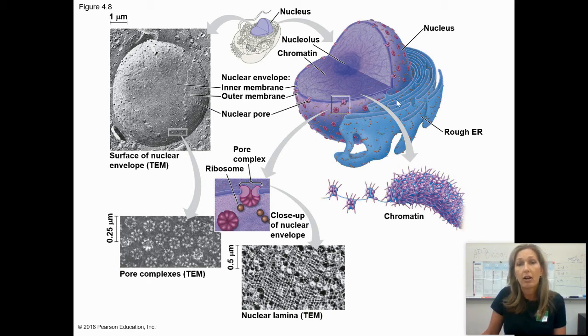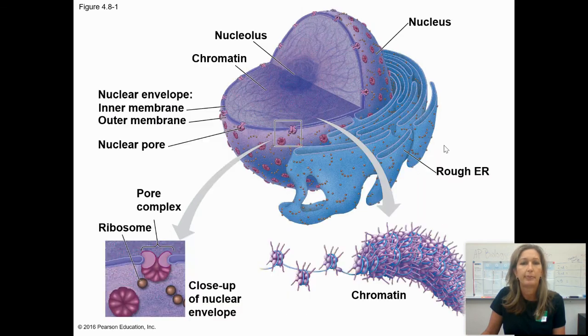However, a lot of the proteins made in the rough ER are going to be produced and modified and perhaps ultimately shipped out of the cell. If we take a look, this is more up close. So here's my nucleus, my nuclear envelope, my nuclear pores, and this is attached directly to the rough ER that has all of these bound ribosomes on it.